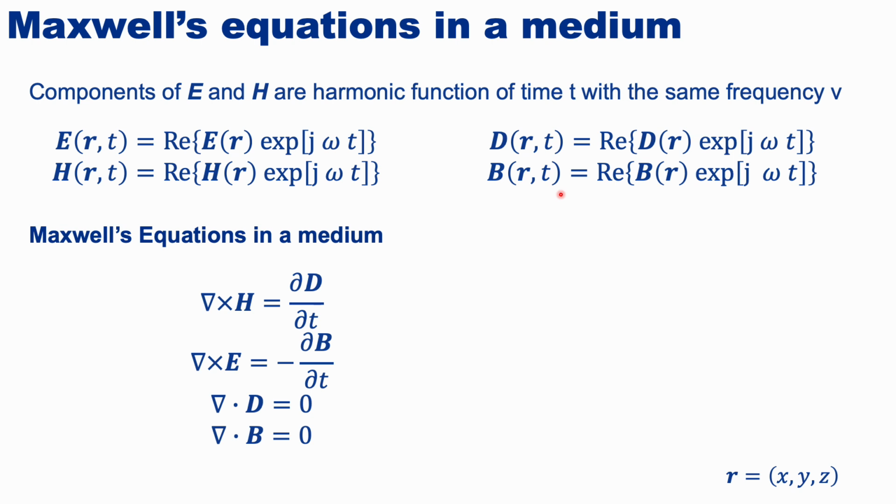And we know that these fields are related to each other based on the Maxwell equations, where in general we have the relationship with the partial derivatives of the electric and magnetic flux density.